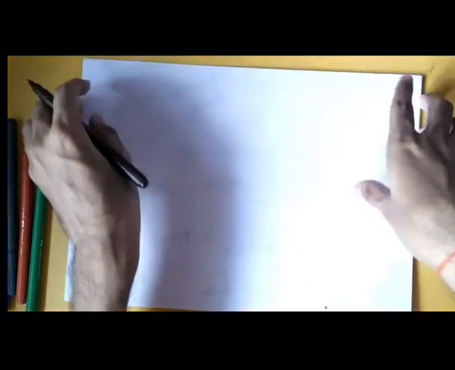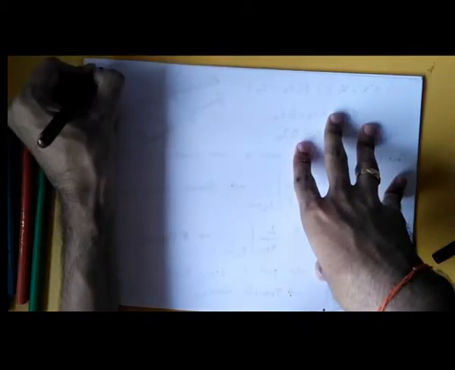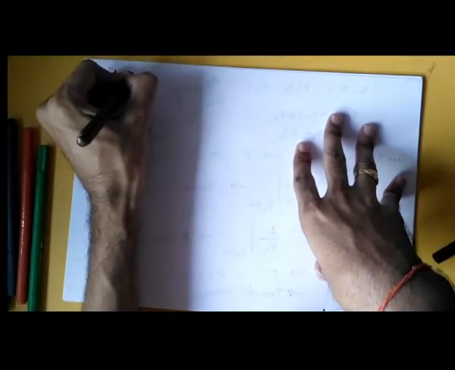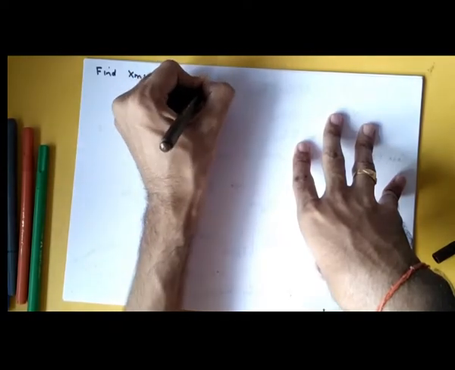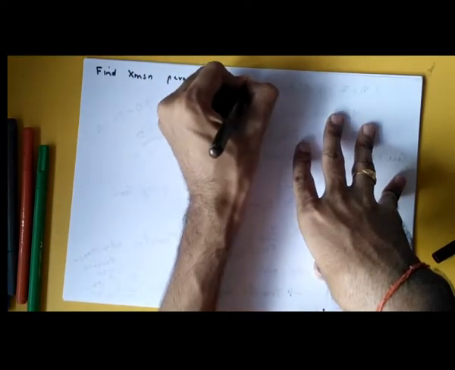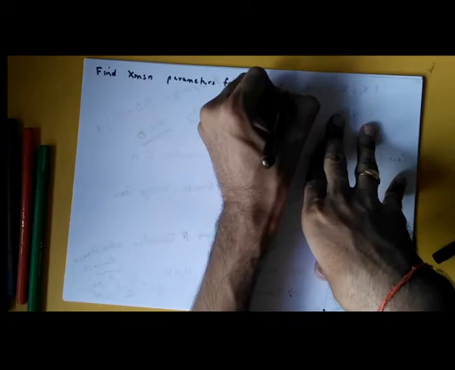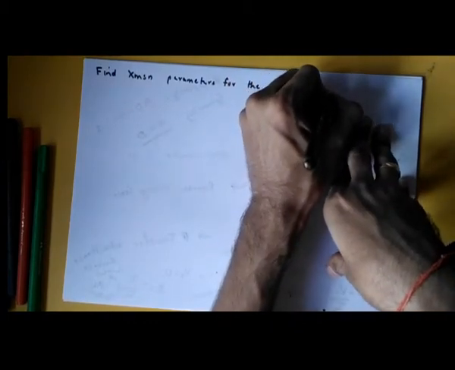So the first one is: find the transmission parameters for the network shown.